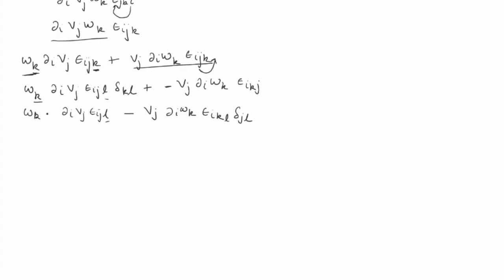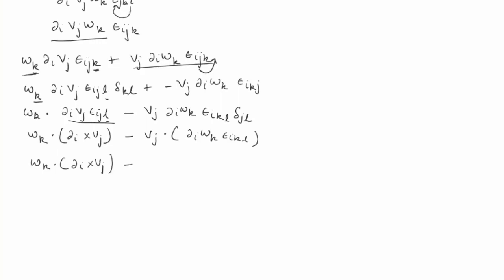This will become Wk dotted with, so now you can see that this is the cross product, del I cross Vj minus Vj dotted with del I Wk Eikl. So this will become Wk dotted with del I crossed with Vj minus Vj dotted with del I crossed with Wk.